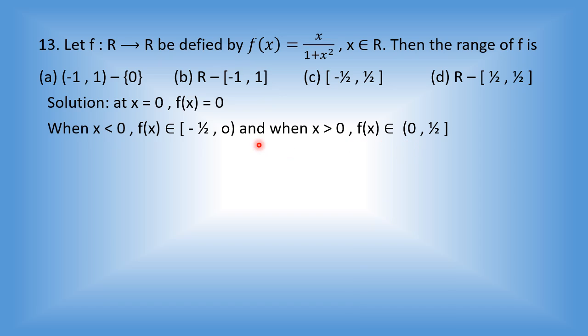So at x equal to 0, f of x is 0. For all negative values, this will be the range, and for all positive values, this is the range. Therefore, the range of the function together is the closed interval minus 1 by 2 to plus 1 by 2. That is answer option C.